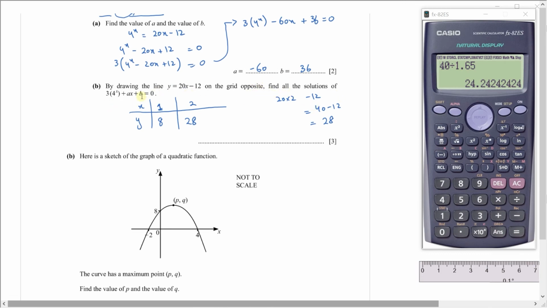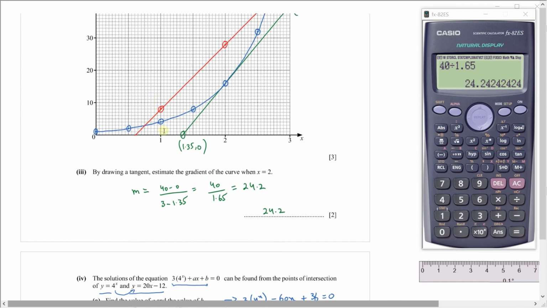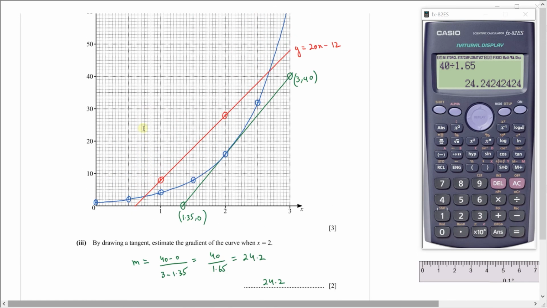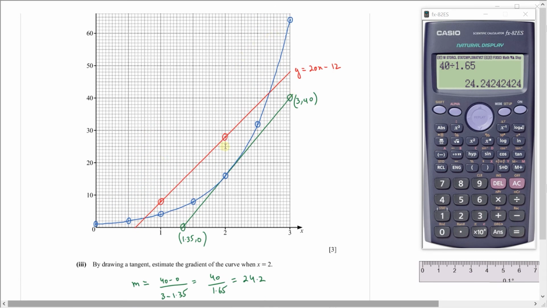So now we need to find the solutions of this. That means we have to find the x values where this line intersects with the curve. So this is the first point where it intersects. This is 0.5, 0.6, 0.7, and then 0.75.